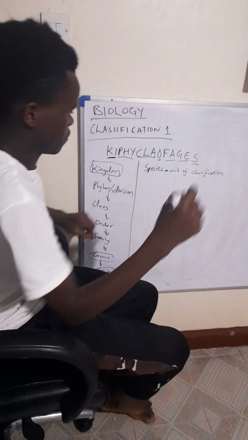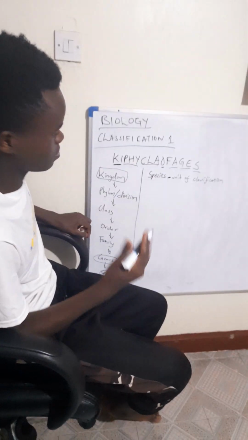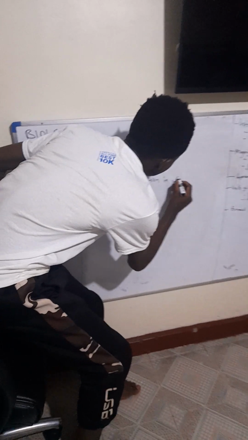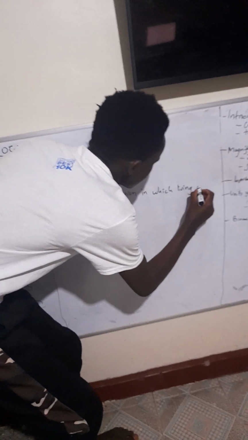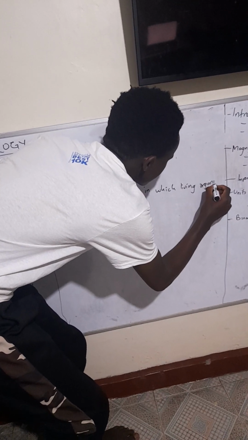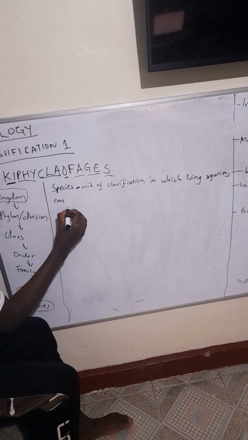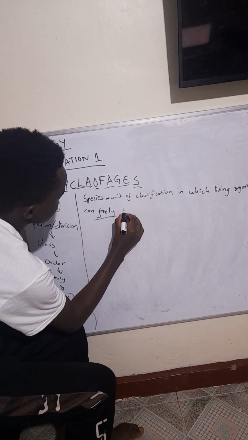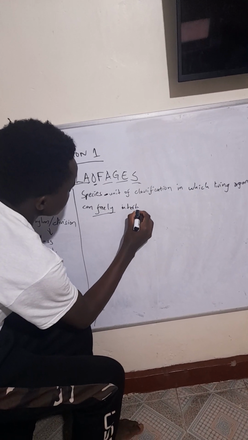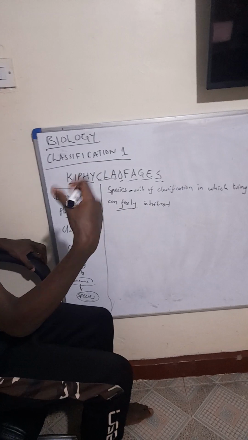Let me write the whole definition, because I'm sure it's going to come up in your exams mostly. A unit of classification in which living organisms can freely, mark that word, freely, interbreed. Another word you can replace it with is naturally.